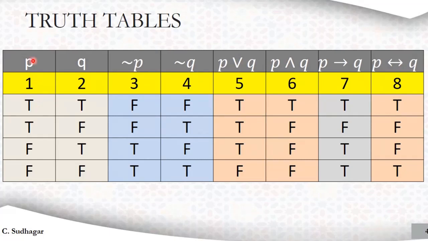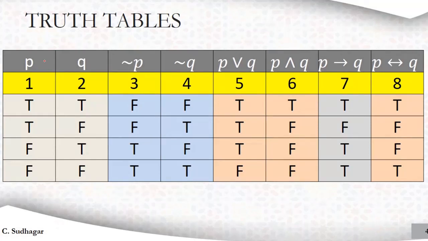So the very first thing is, if you have two variables, you will have four rows here. Okay, so TT, TF, FT, FF, four rows will be there. Therefore, based on the number of variables, you will have a different number of rows.